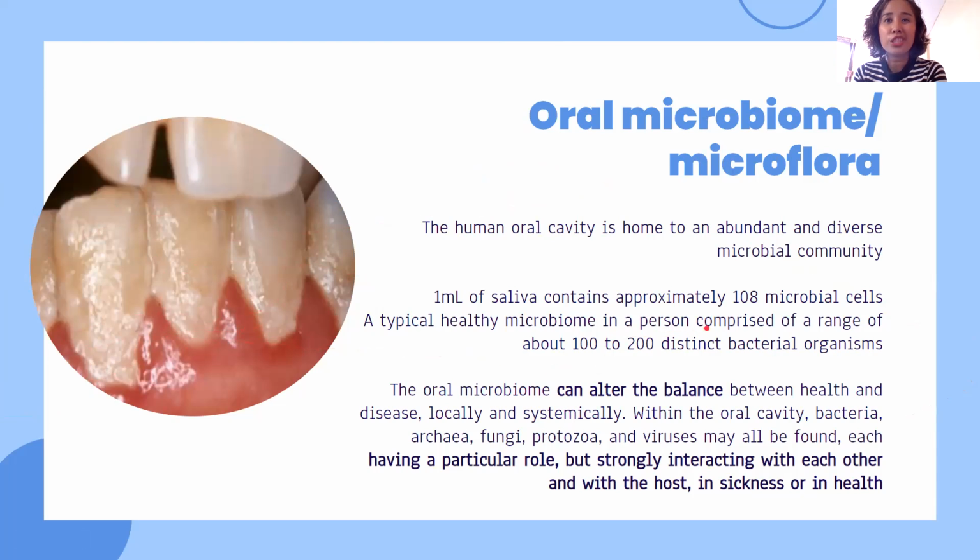Sabi, 1 ml of saliva has 10 raised to 8 microbial cells. A typical healthy microbiome in a person comprises a range of 100 to 200 distinct bacterial microorganisms. So, ang rami. At today guys, patikim lang yung mga i-share kong bacterial organisms.